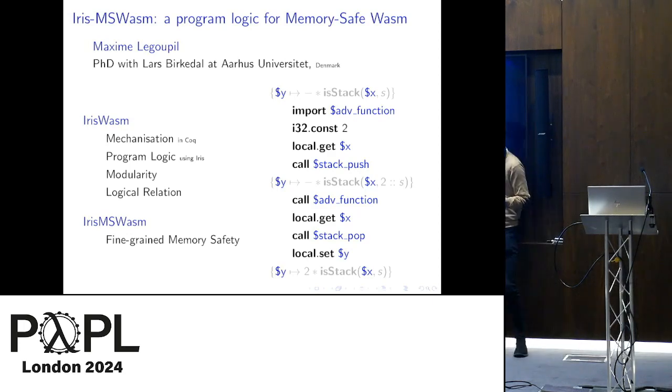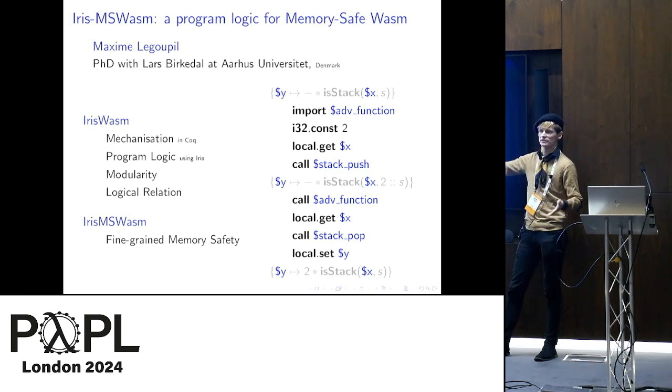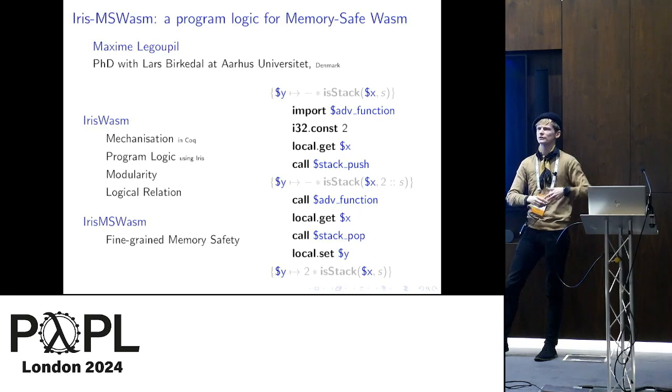So what I've been doing for the first year of my PhD is adapting IRIS-WASM to MS-WASM, meaning I have the full mechanization in Coq together with all the theorems that had been proved for plain WebAssembly, things like type safety via progress and preservation, partial determinism, as in determinism unless I'm using the few features that might introduce non-determinism.